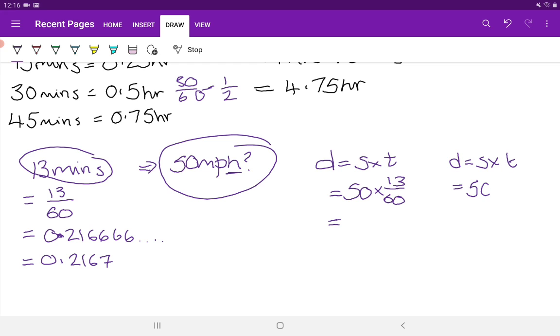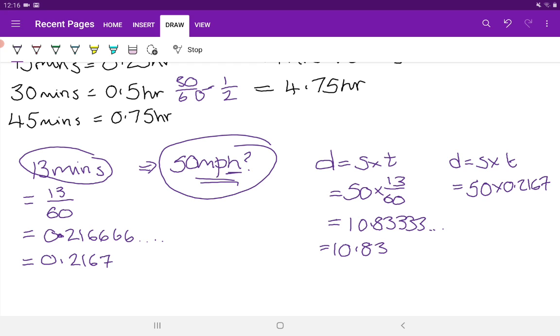So 50 times 13 over 60, I get 10.83333, and so we would probably call that 10.83.